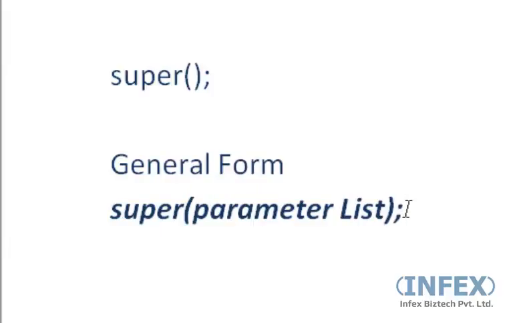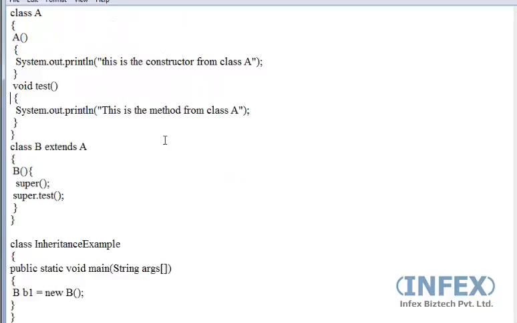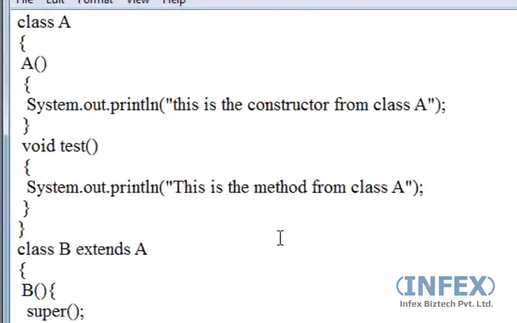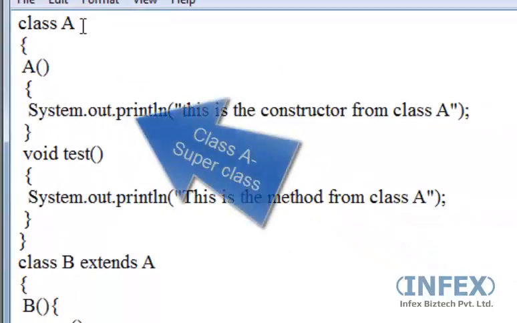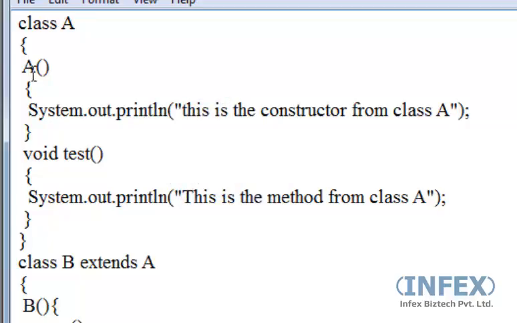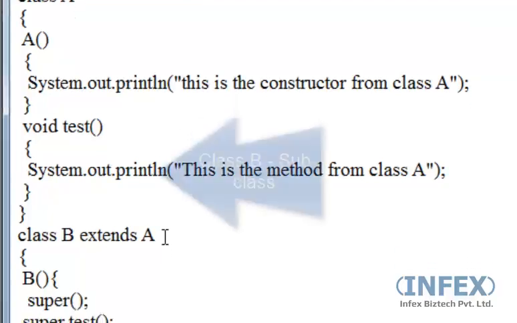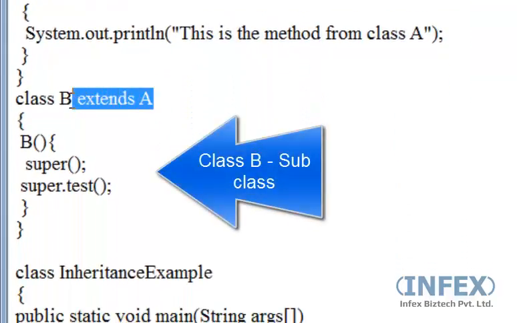Now let's check the program. This is the example of inheritance. Here we have the class named A and we have a constructor also. We have a test method in class A. Now this is class B, which is the subclass, and class A is superclass.